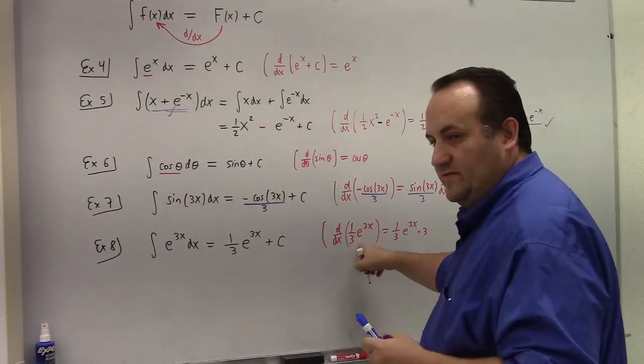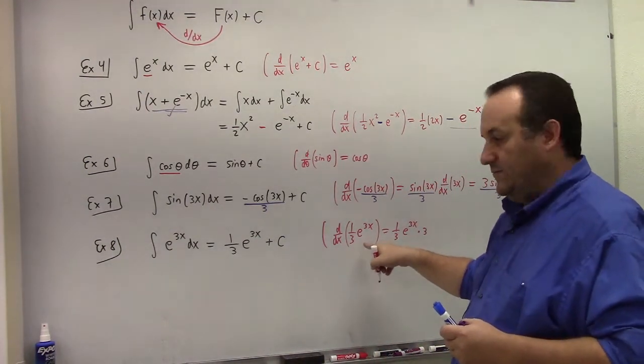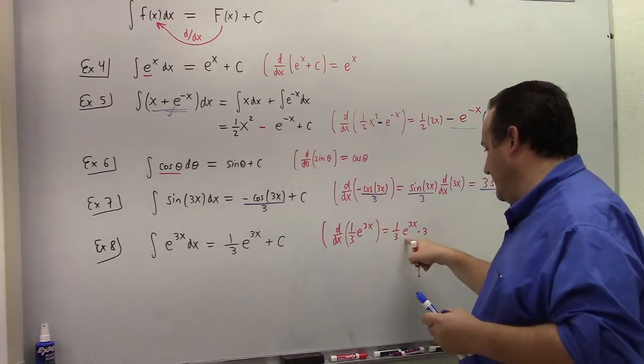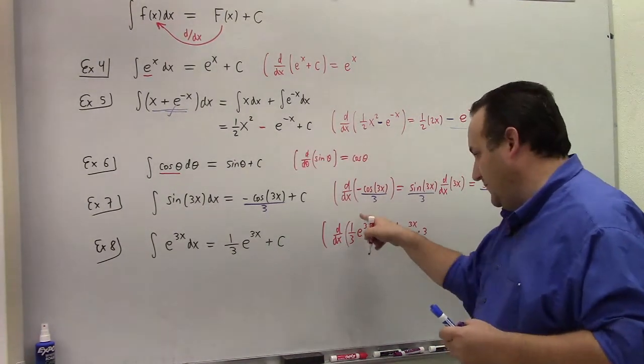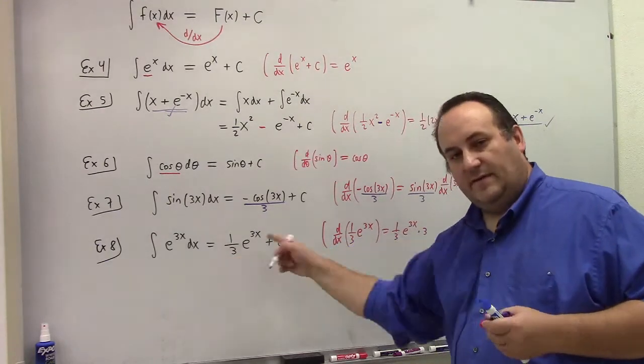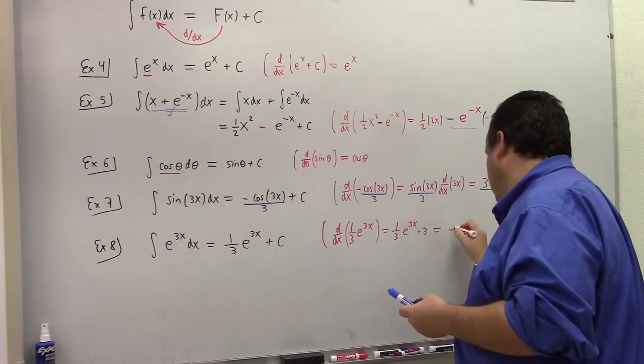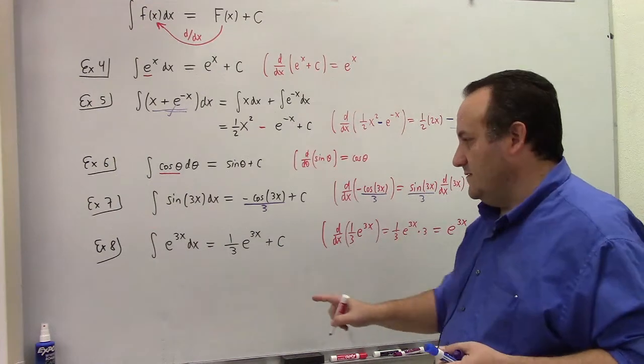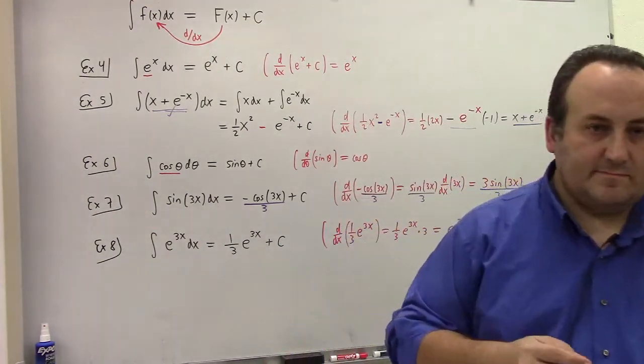Did you guys understand what I'm saying? When I differentiate e to the 3x, I pull a 3 out from the chain rule. But then if I put a 1/3 in my antiderivative, that 3 and the 1/3 cancel and just give me e to the 3x, which is what I want in this case.